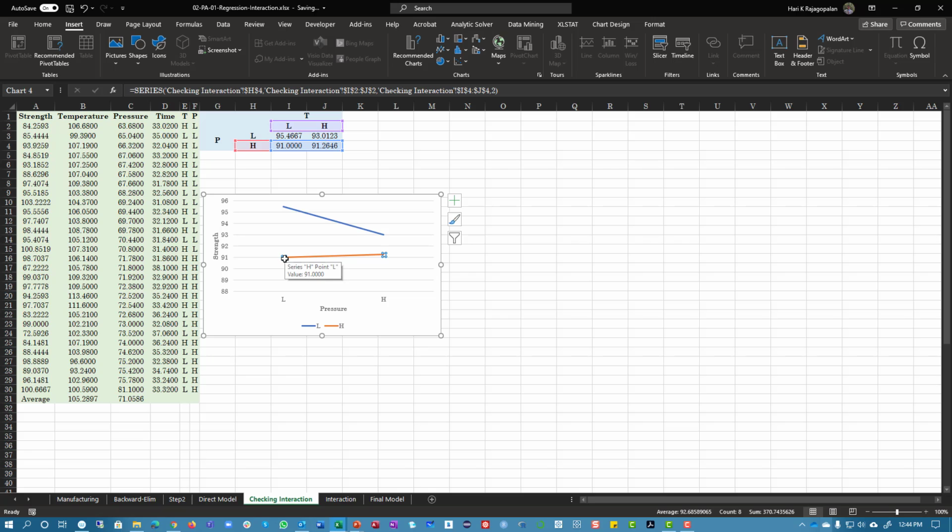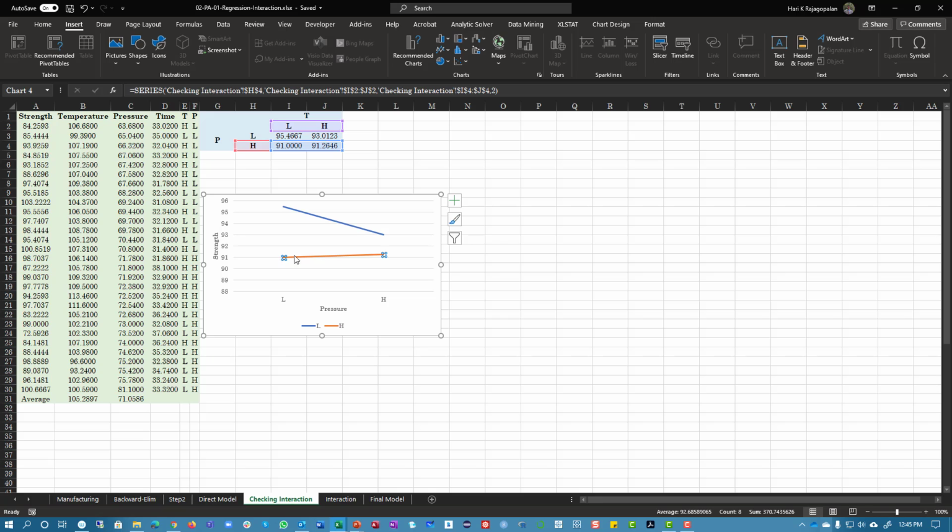So when you're looking at high pressure, and you're looking at temperature for low, it's 91, and then when it's high temperature, it's 90.